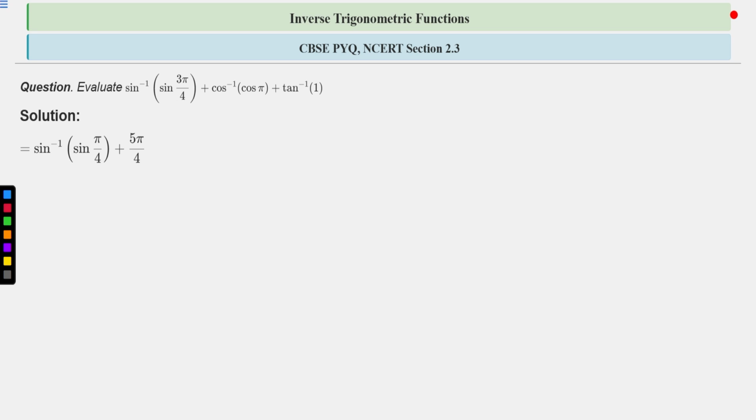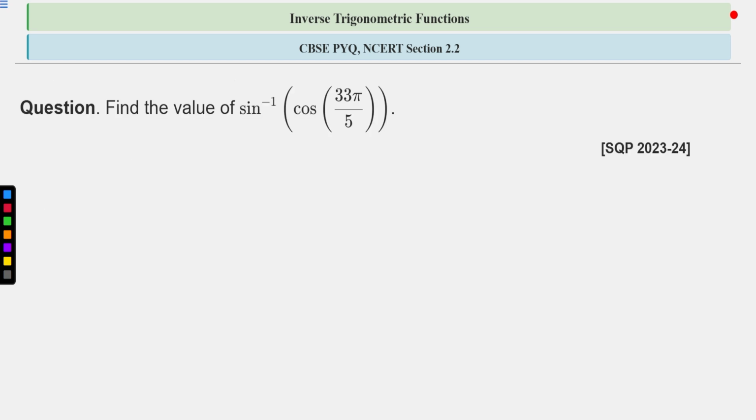Therefore, it is pi by 4 plus 5 pi by 4, and after simplifying you will get 3 pi by 2 as our required answer, right? Therefore, our correct answer will be 3 pi by 2.